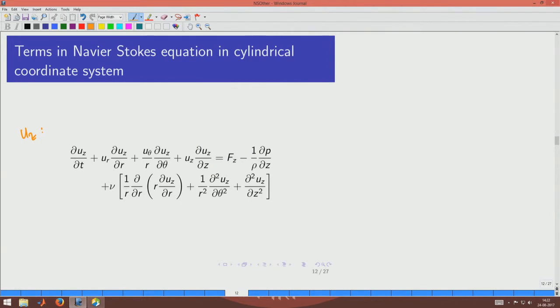Now, let us say the same axial flow we talked about just a while back. Which equation should I use? Naturally this is the equation I must use, and by making various assumptions we will go ahead and solve how this looks.